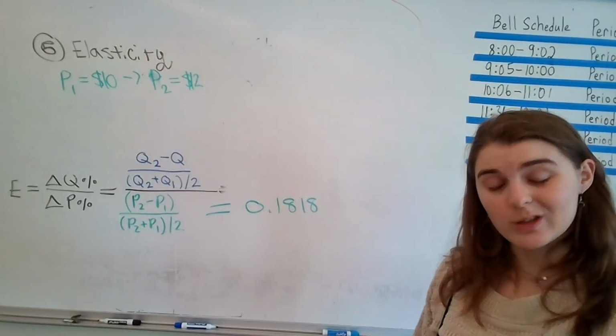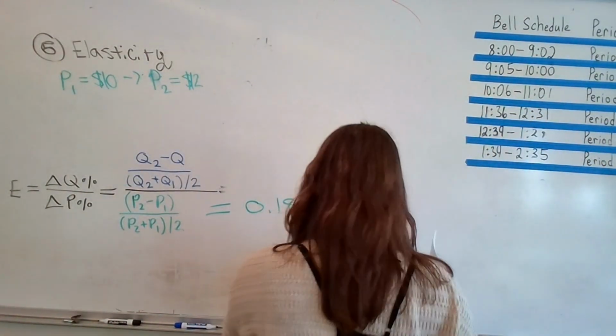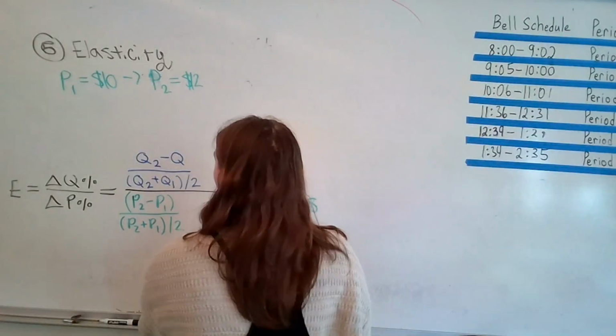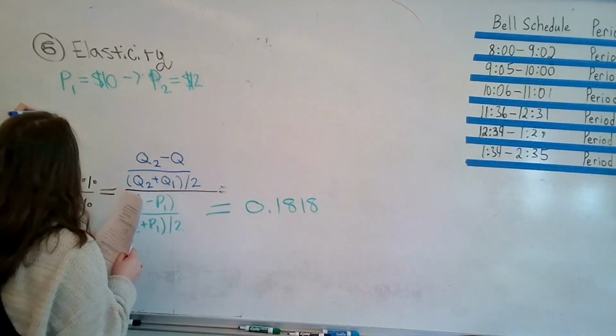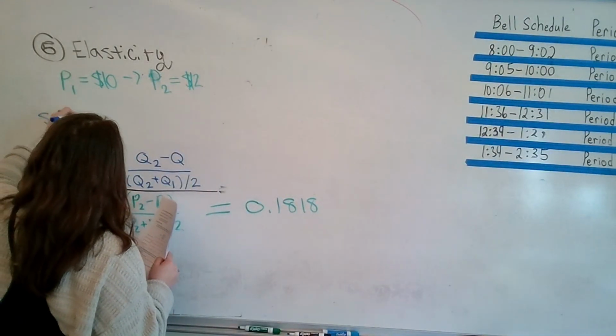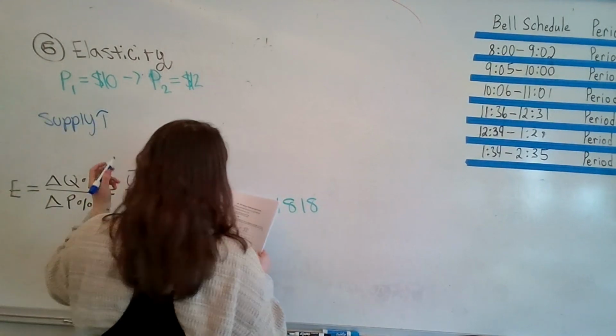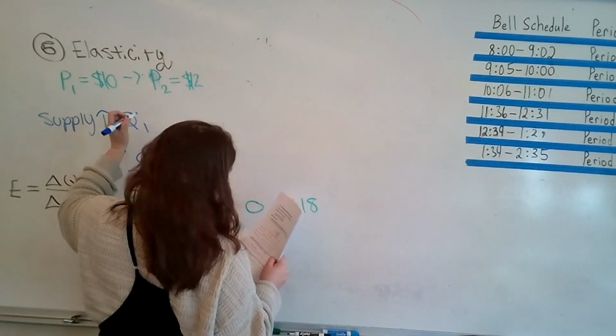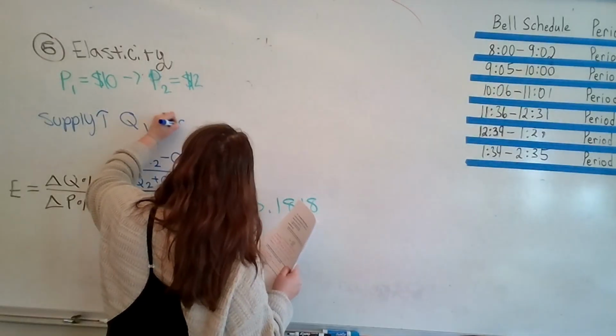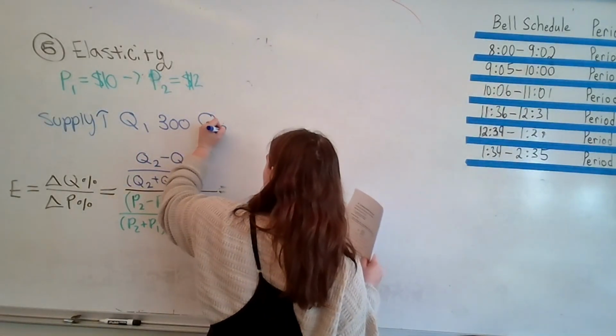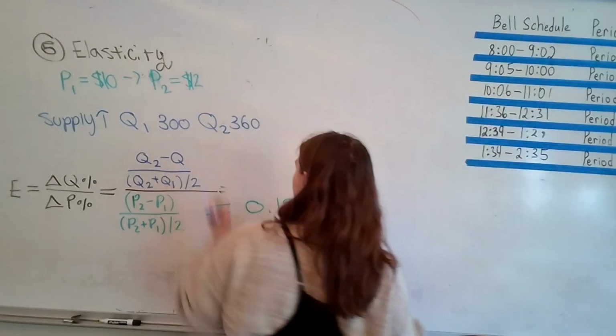Now all we have to do is do the change in the quantity supplied. Our quantity supplied rose. We went from a quantity of 300 tickets to a quantity of 360.